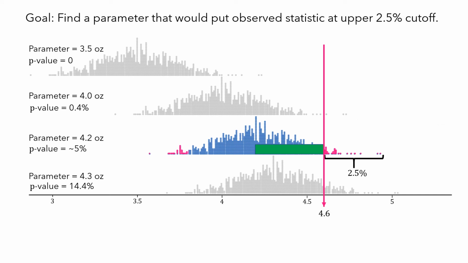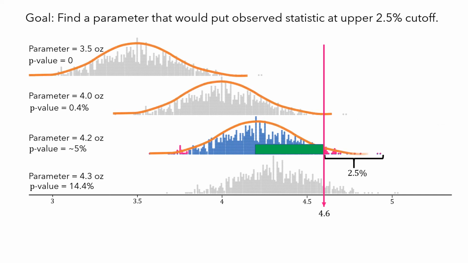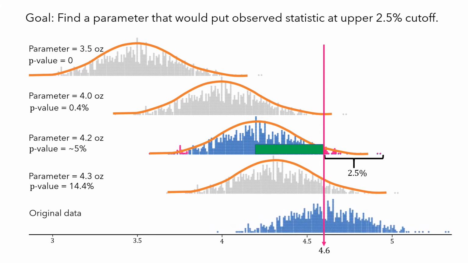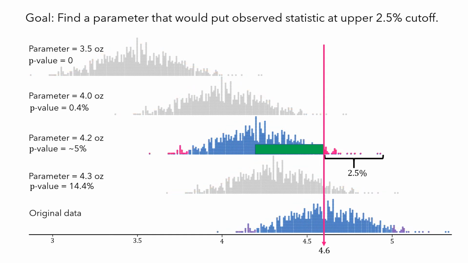One thing you might have noticed is that all of these sampling distributions have the same shape and spread. So if we looked at the sampling distribution generated by the original data, it would also have the same shape and spread. And if we looked at the upper 2.5% of this sampling distribution, the distance from its center to the upper 2.5% cutoff would be the same as in the distribution centered at 4.2.